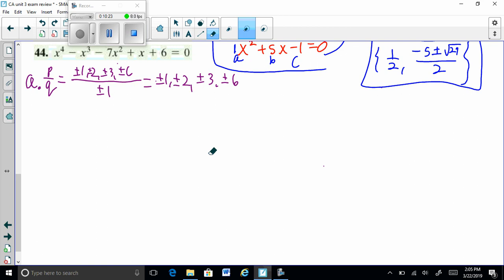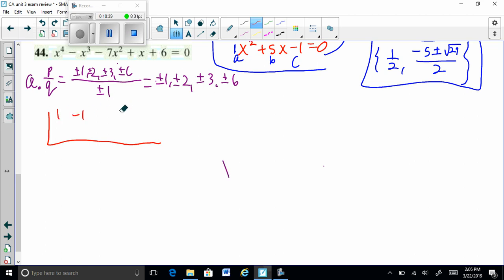All right, so we'll go ahead and get started. Once again, you could jump around if you want, but to keep things organized and keep track of what numbers you've used, I'm just going to start with 1, -1, 2, -2, and so on. Let's see, 1, -1, -7, 1, 6. So I just got these numbers from up here.